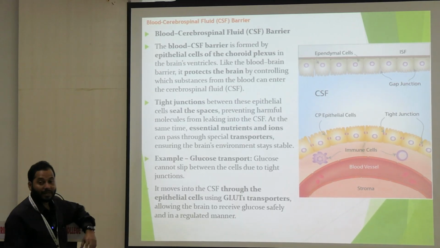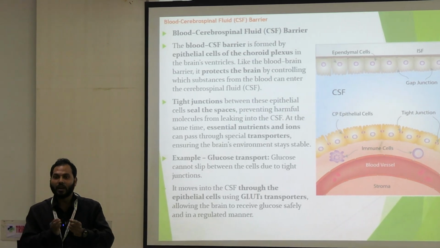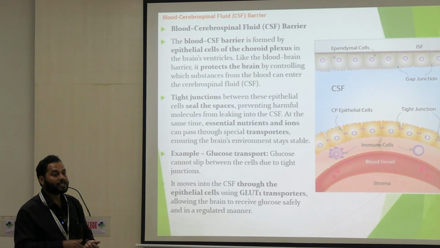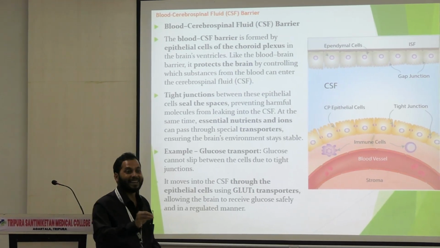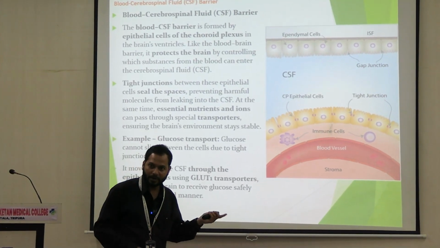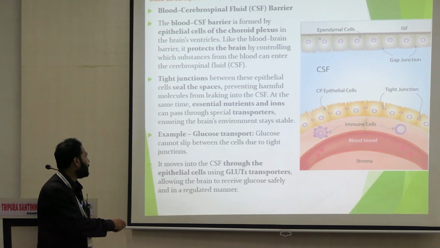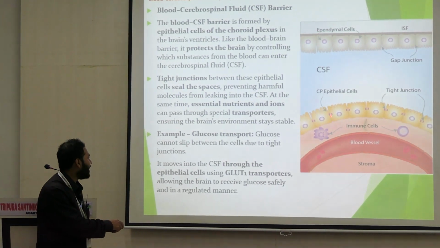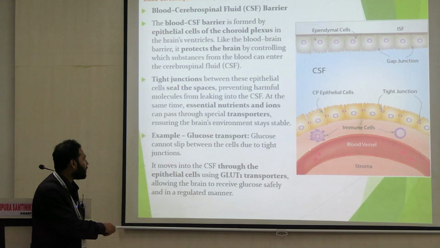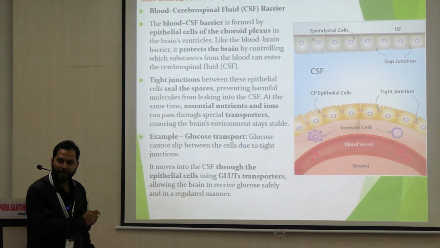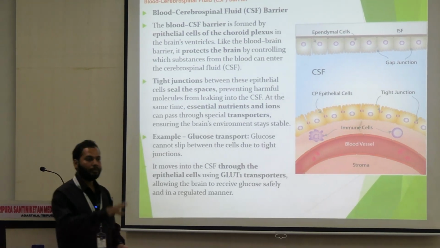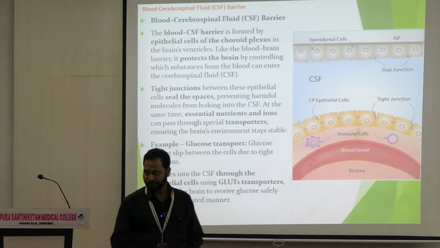But if there is any leaky channel between adjacent cells, there is a high chance of entry of those unnecessary materials toward the brain, right? But the presence of this tight junction between epithelial cells prevents the entry of unnecessary materials from blood vessels to the brain, right? This is the importance of tight junctions.